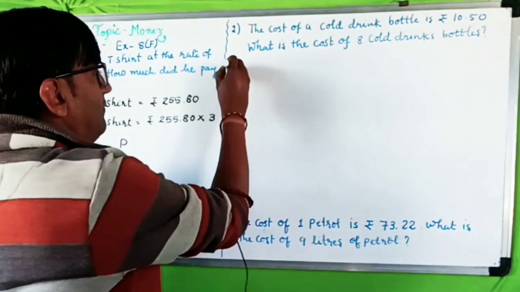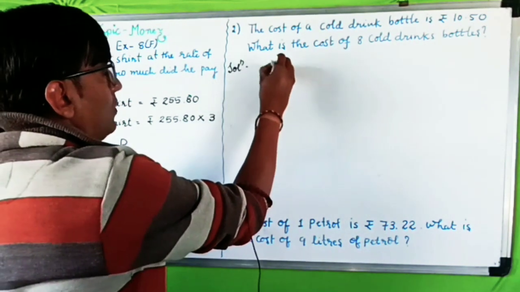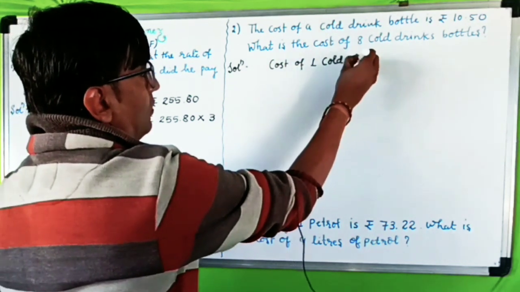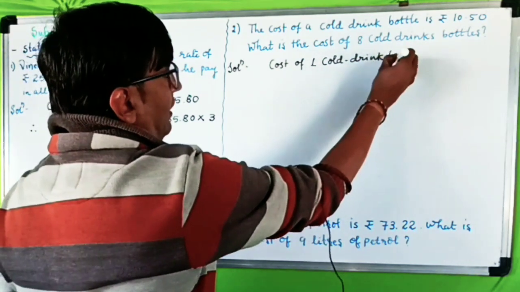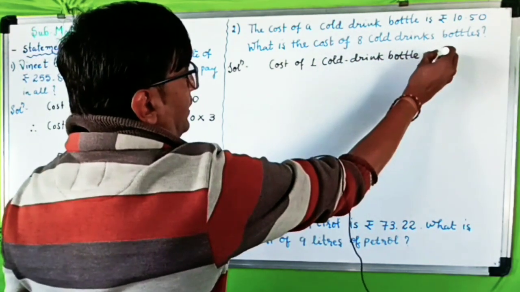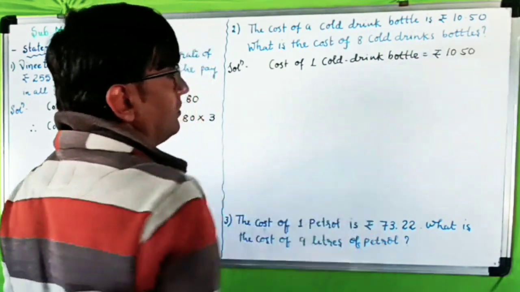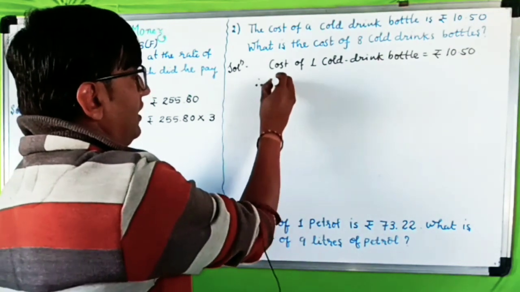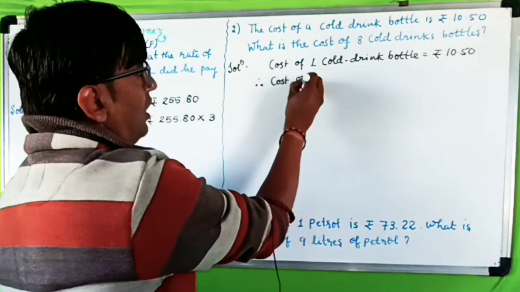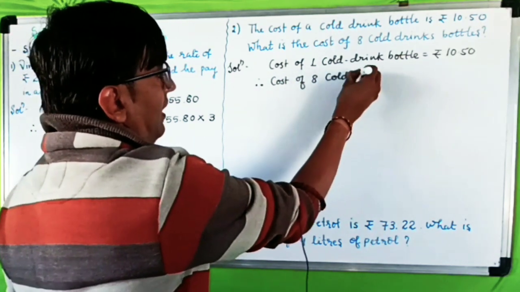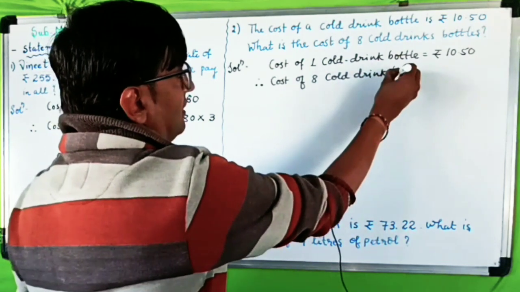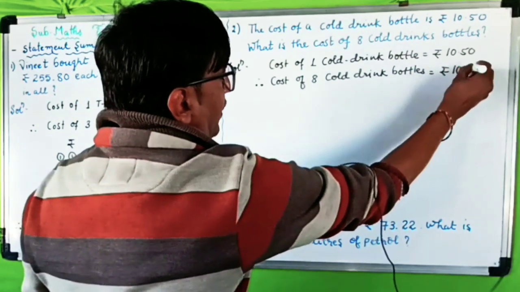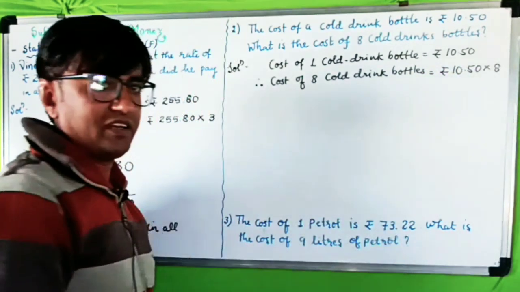First of all I will write cost of one cold drink bottle equal to rupees 10.50, means 10 rupees and 50 paise. Therefore, cost of 8 cold drink bottles equal to rupees 10.50 multiplied by 8.